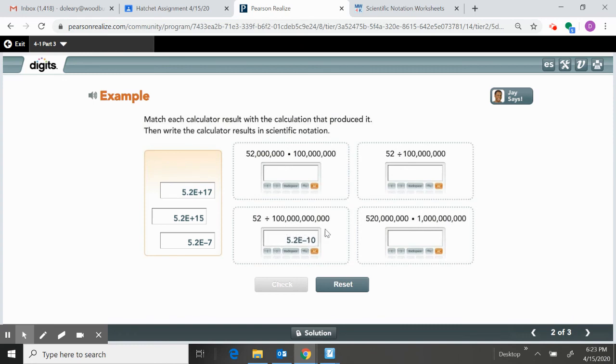All right, and that looks pretty good to me. All right, and then 5.2 E plus 17. I'm going to think that 17 is more than 15. So this is where I'm going to go here. Okay, so what I would like you to do is go on, use those two as your answers for those two. And then I want you to finish these last two and figure out where they go. When you're done, push check. And then if you're curious, push solution, then it'll tell you.